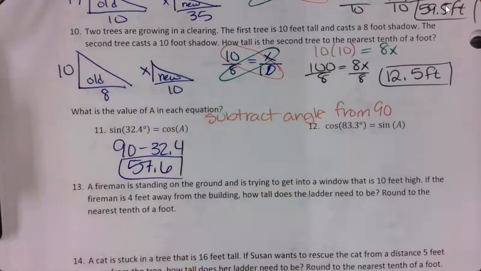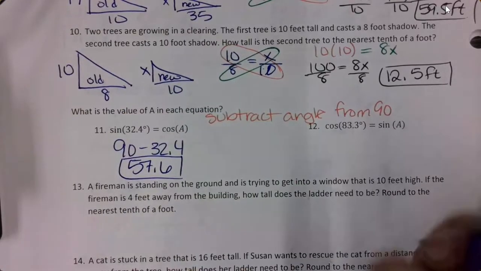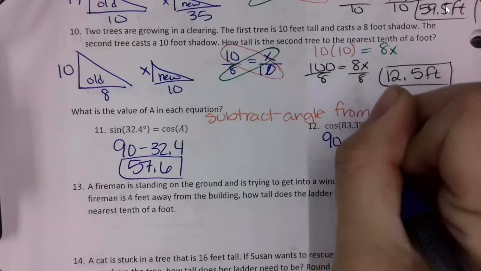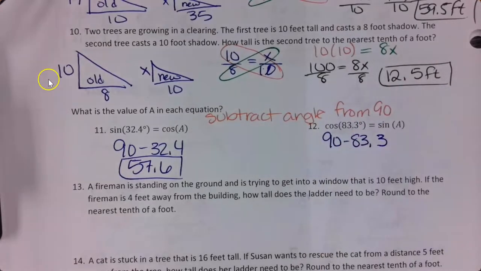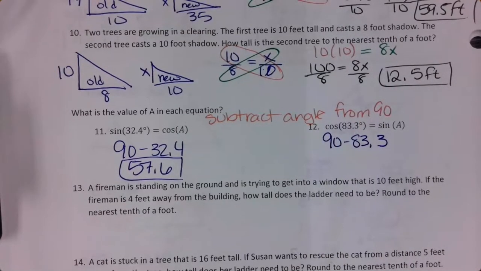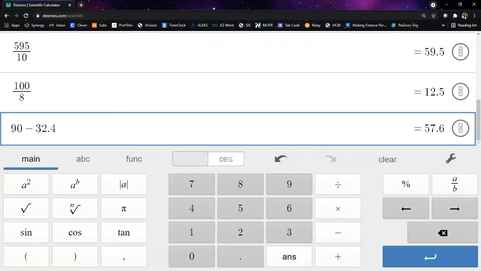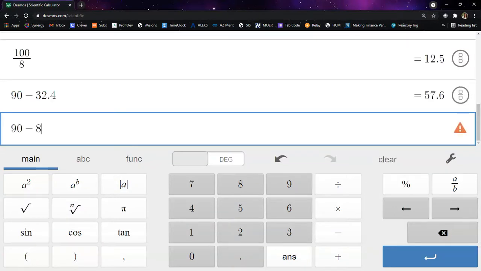And that's my final answer. So same thing for number 12. I'm going to take 90 and subtract 83.3, which gets us 6.7.